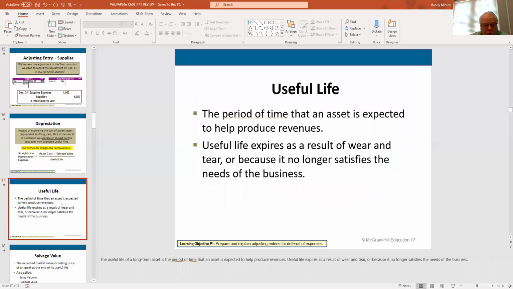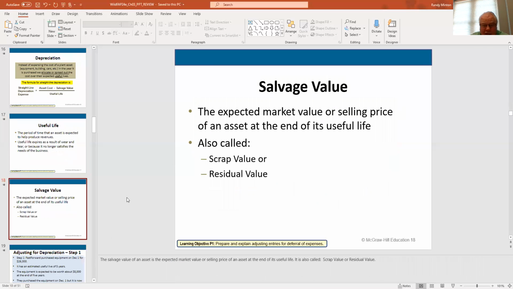Okay. Useful life, that's just an estimate. Salvage values, that's an estimate. So most of the stuff is built on estimates. Now we're going to be very scientific about it. We're going to look to see what similar assets have, what kind of value similar assets have held, and so forth before we do it.